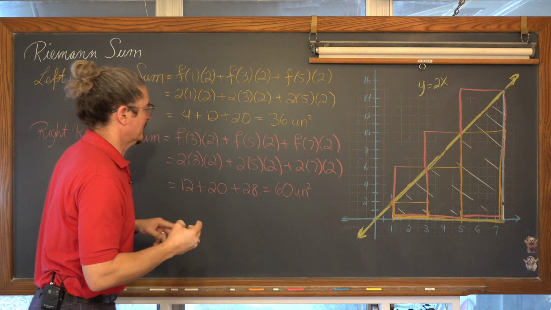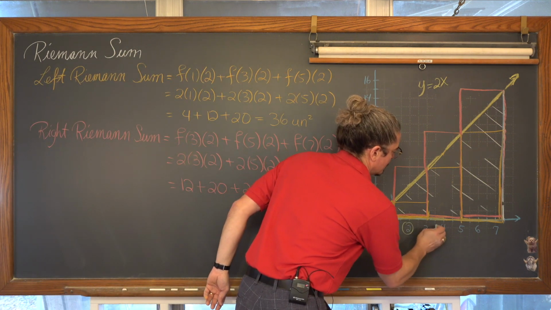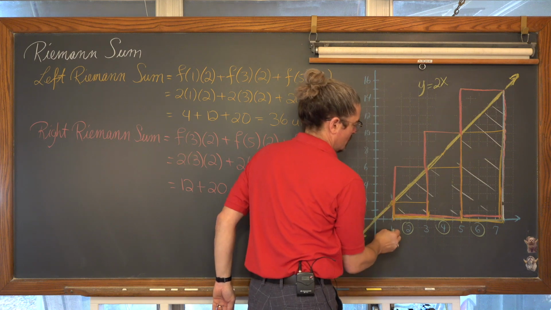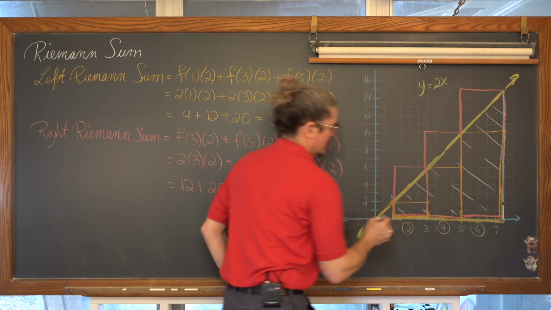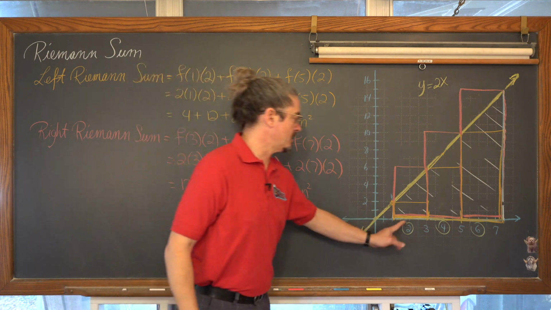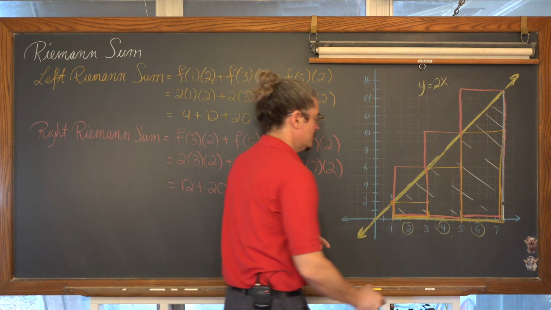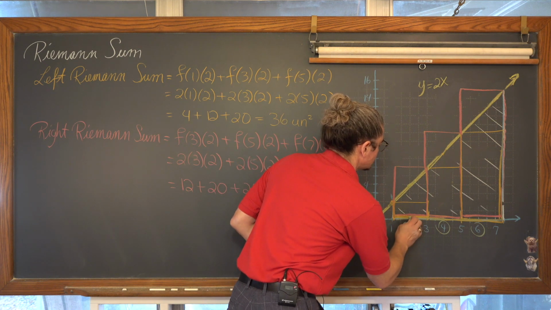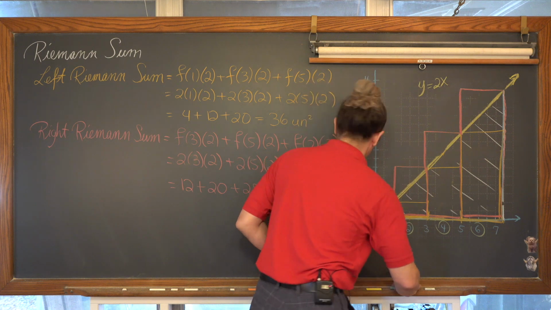We're going to let the x value in the middle of those intervals, not 1, 3, and 5, and not 3, 5, and 7, determine the height of these rectangles and do a midpoint Riemann sum, which I am going to come back to in a minute.